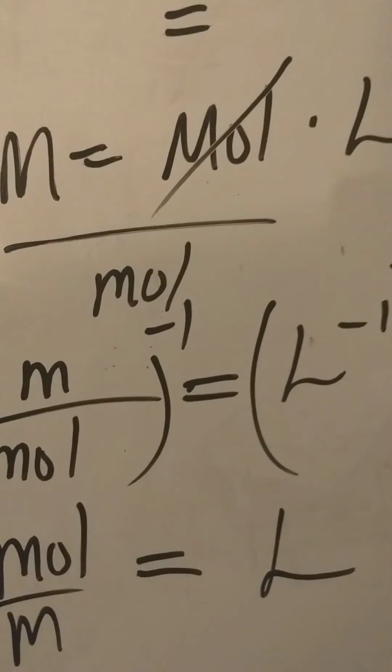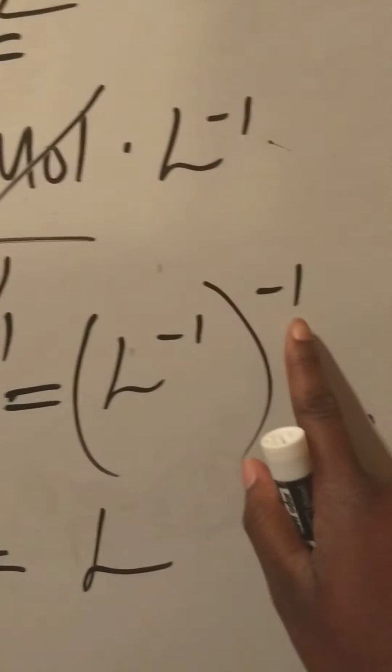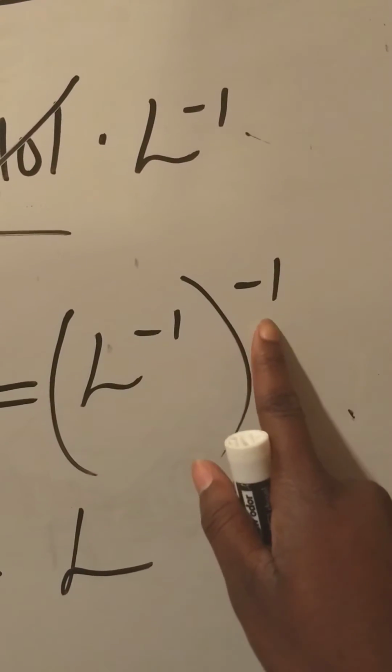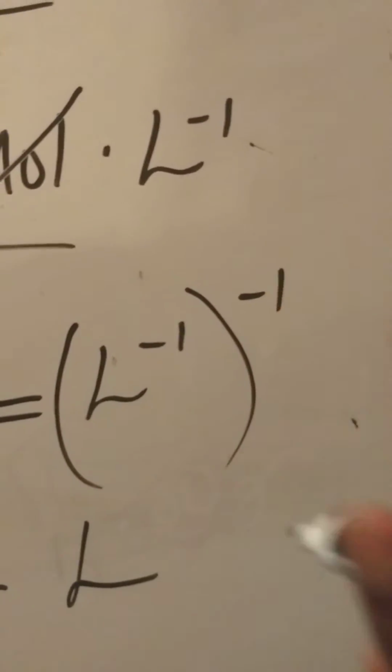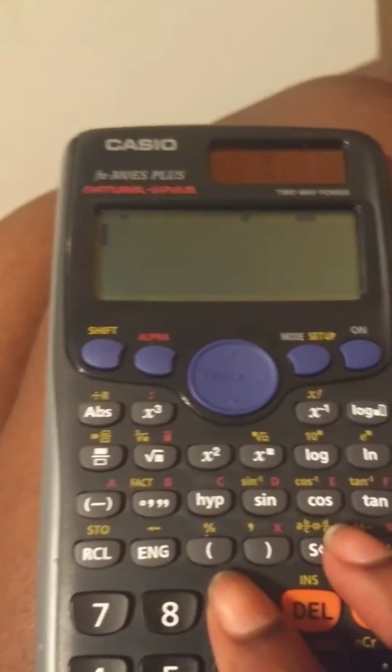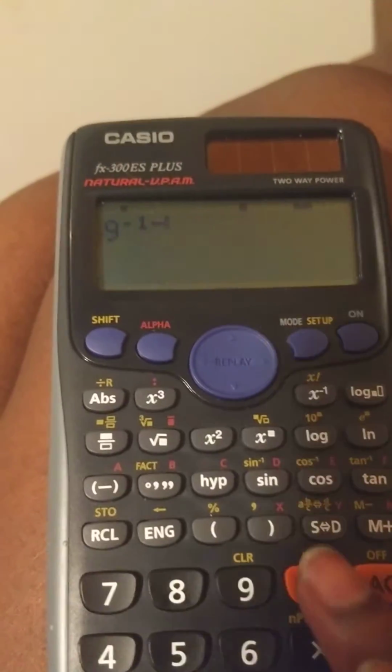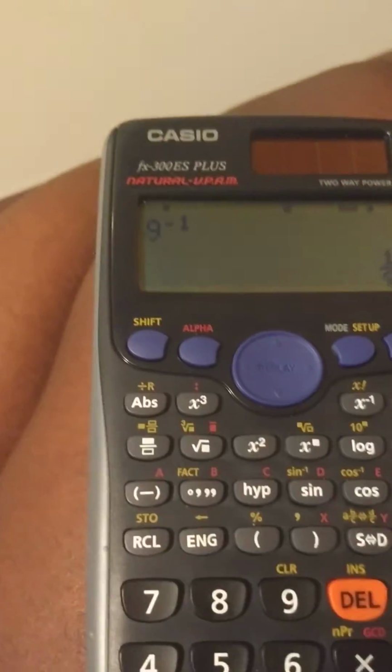Well, negative 1 basically means that whatever it is applied to becomes the reciprocal of itself. I can prove this mathematically. Take a look at this calculator. 9 to the power of negative 1 equals 1 over 9.